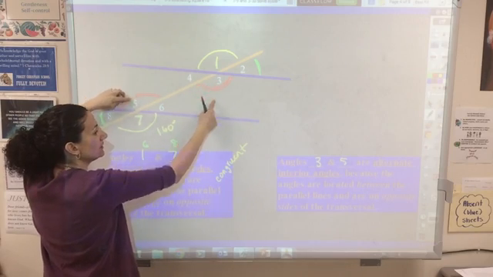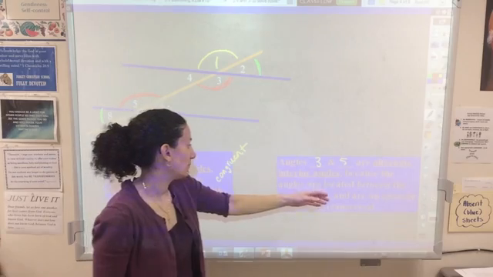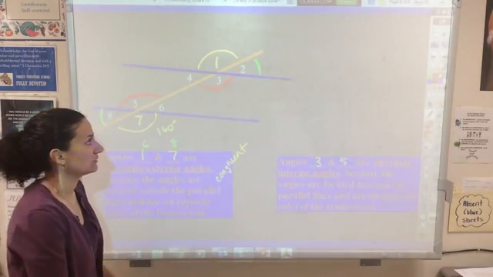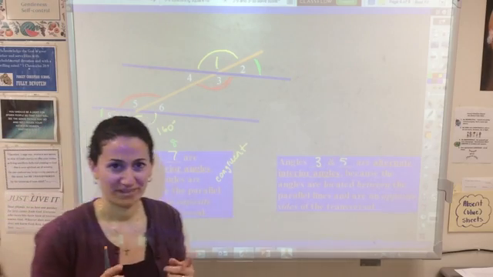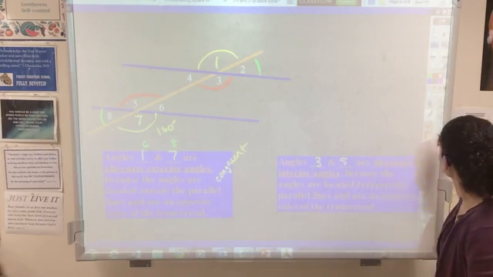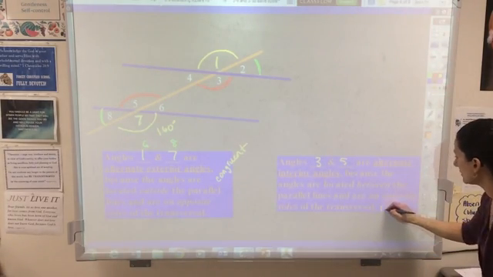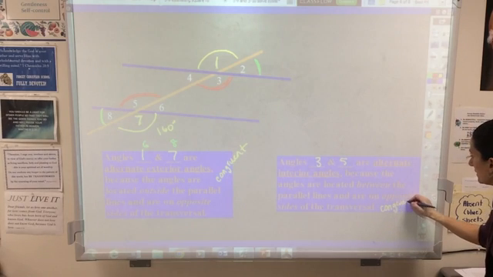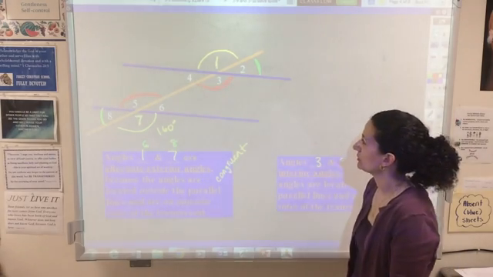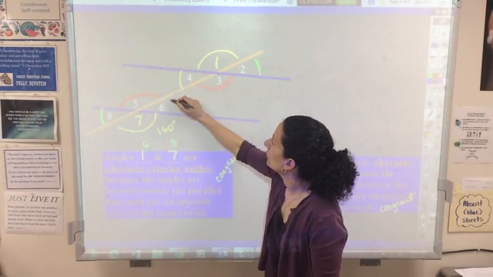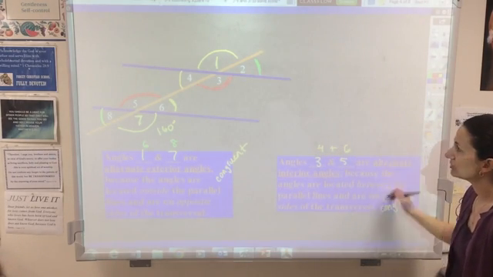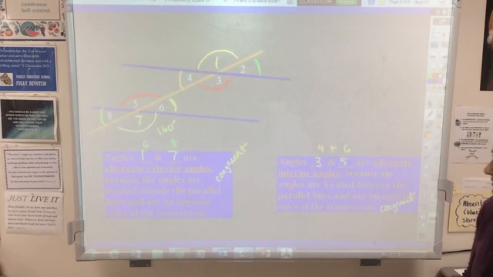They're alternate interior angles and they are located between or inside the parallel lines and they're on opposite sides of the transversal, and you probably guessed it, they're equal too. They're also congruent. So you should write that down. If I'm talking too fast, pause the video and copy these definitions. And as you can probably see, angle 4 and angle 6 are another pair of alternate interior angles.